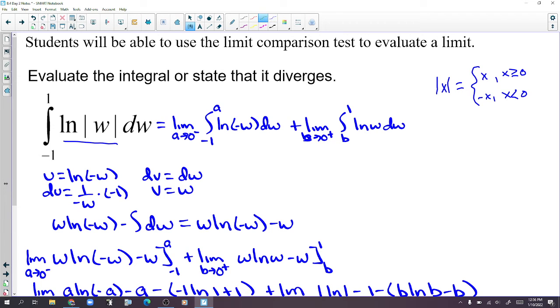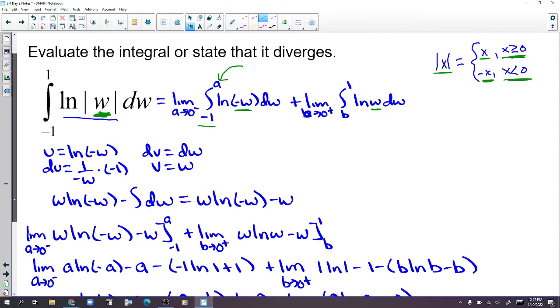Which means when we're going from -1 to 0, those are negative values. So instead of having w there, we could put in negative w, because you're opposite of x when x is negative. But then instead of putting absolute value here, we can put in just w, because if you have absolute value of x, you can just write x for values greater than 0.